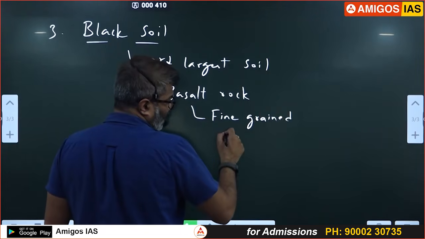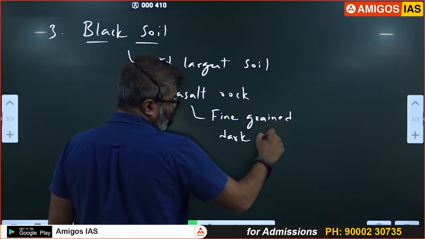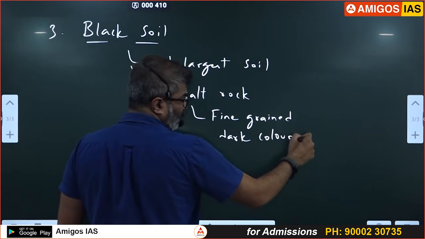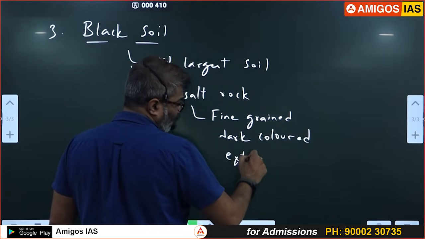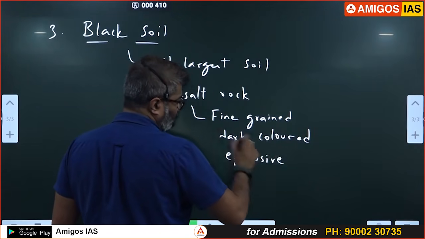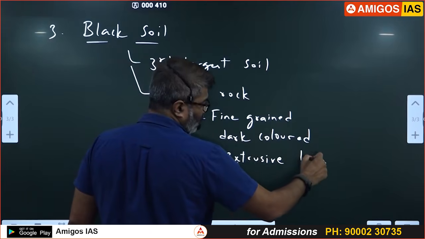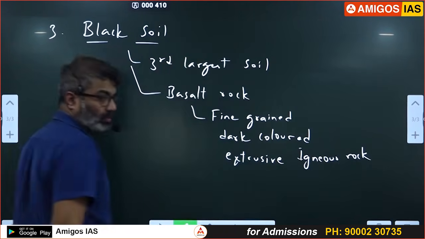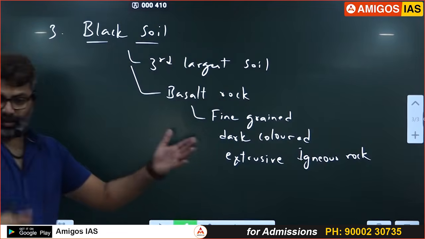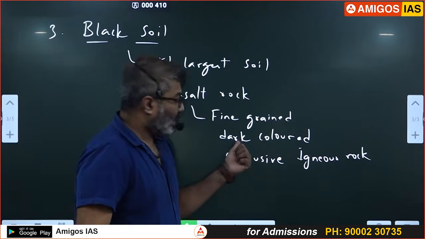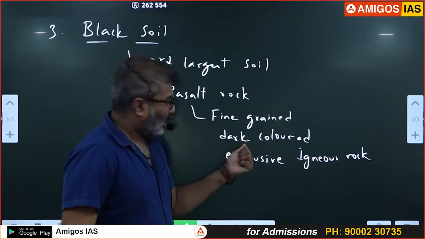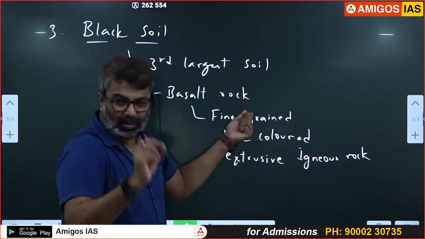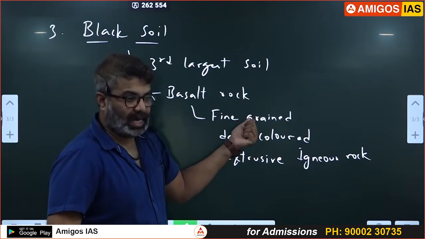Fine grained, dark colored, extrusive igneous rock. All of you understand the word extrusive? Extrusive means outside, formed on the surface. Dark color means it appears black in color. And fine grained means very, very small grains.